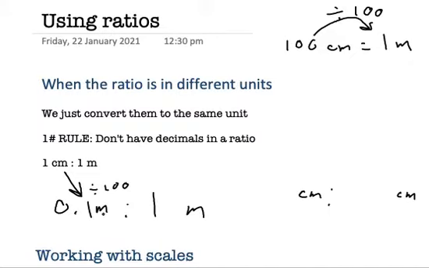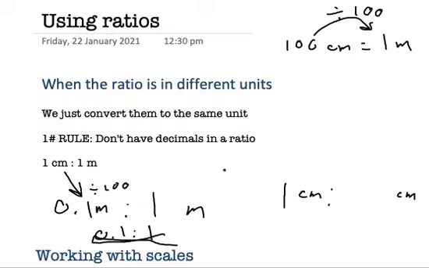Okay, so my ratio in meters is like this. So this is a valid ratio, but generally we don't like having decimals in ratios, so we're not going to use this one, okay? Let's try convert them both to centimeters. So the right hand side, I started off at 1 centimeter, so it just stays as 1 centimeter.